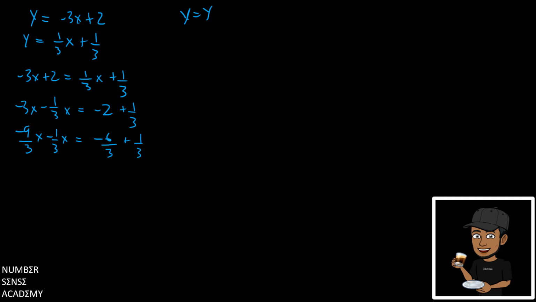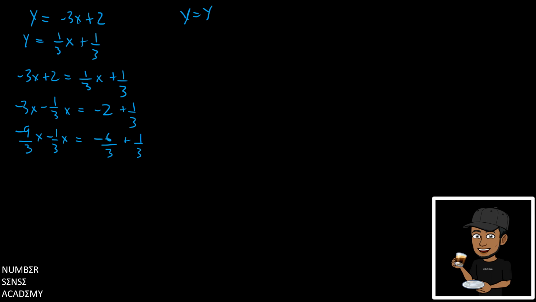If you're having trouble with those fractions, all I'm doing is taking these whole numbers and seeing what number I have to divide by 3 to get negative 2, which is negative 6, and what number I have to divide by 3 to get negative 3, which is negative 9.